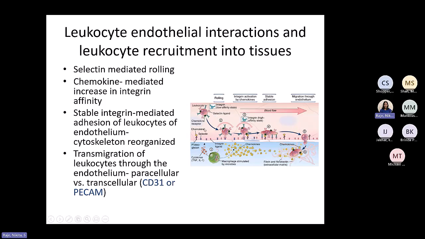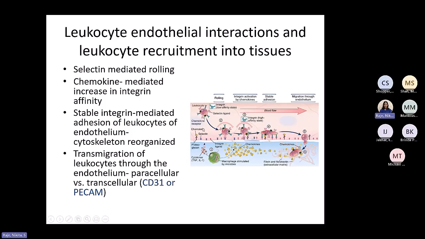So the leukocytes initially have the selectin ligands that can bind to selectins. Selectins are on the endothelium, and once the cytokines reach the circulation, there is increased expression of selectins on the surface of the endothelium.